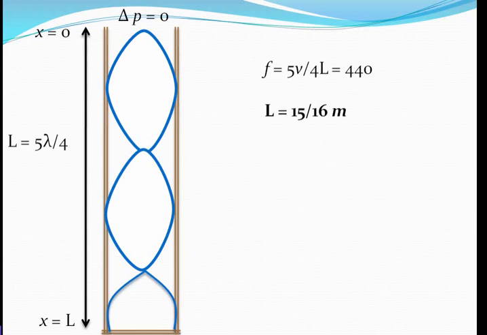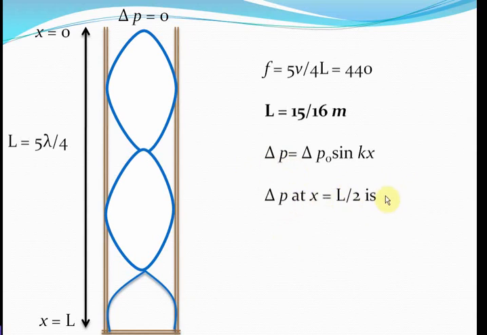Now we know that the amplitude of pressure change at any point x in the pipe is equal to delta P naught sine kx. We had already calculated that. Delta P naught here represents the maximum possible pressure change. Clearly delta P is delta P naught sine kx. Now we have to calculate delta P at x equal to L by 2. So let's put L by 2 here.